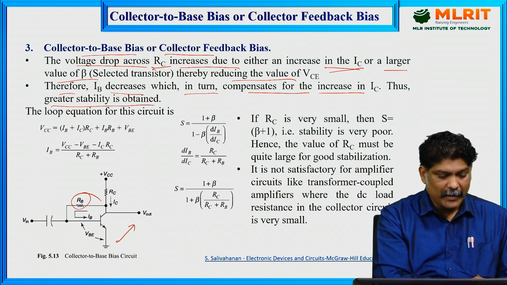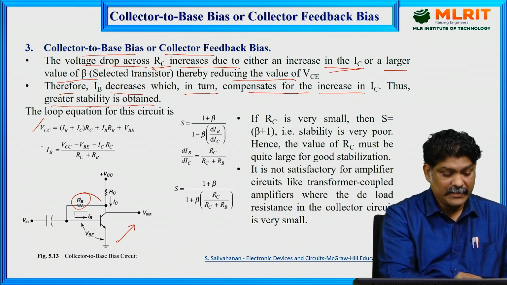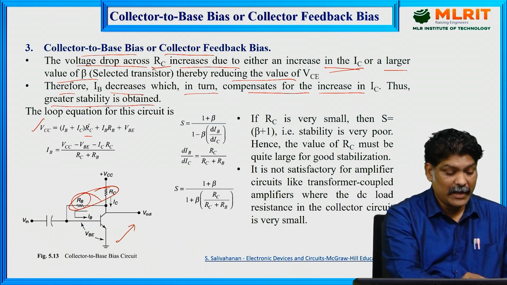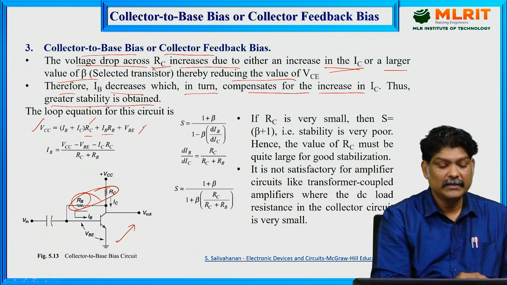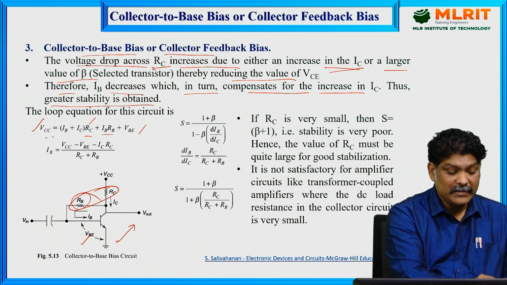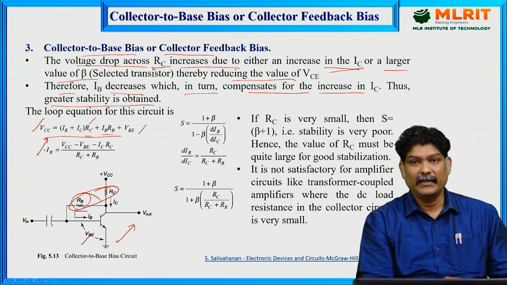If you apply the loop equation in the first case, we have VCC equals IB plus IC into RC, plus IB RB, plus VBE. VBE is already given here, and from this we can simplify to get the IB expression.